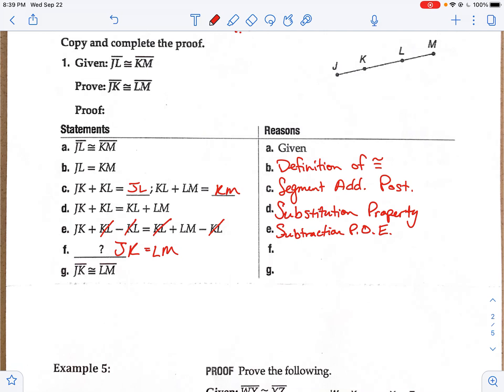We're left with JK equals LM. And you could say simplify, or you could say combine like terms. And then JK is congruent to LM by the definition of congruence.